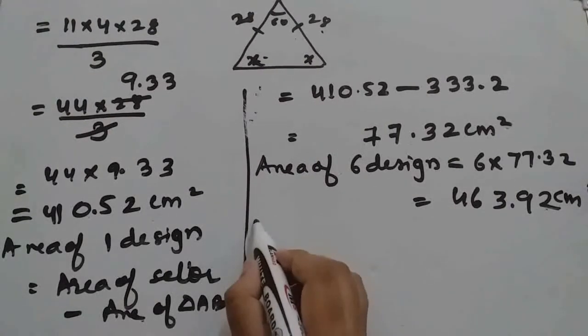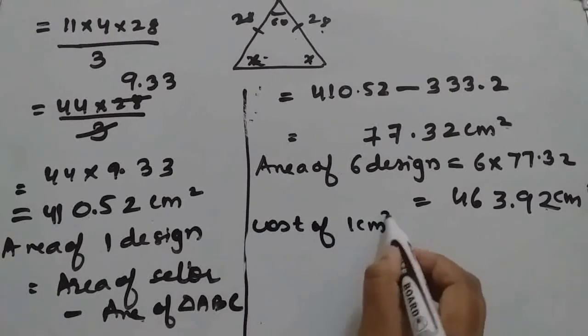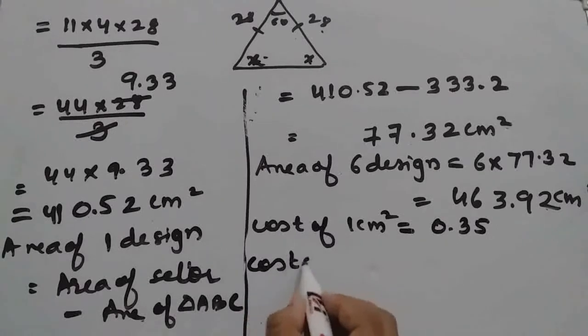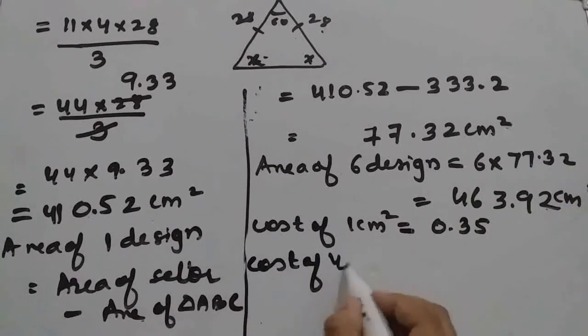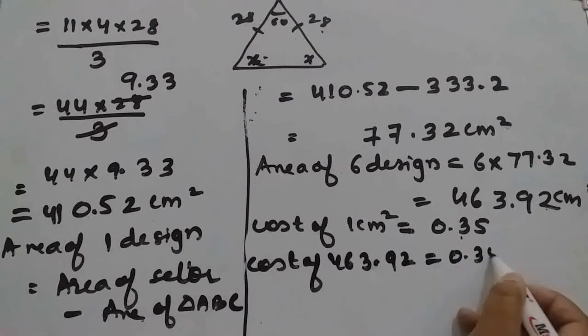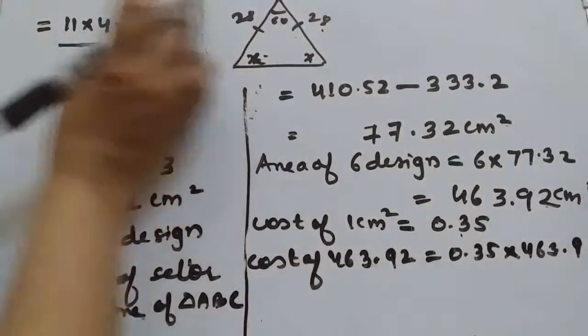Now cost is given. Cost of 1 centimeter square area is given 0.35. So cost of this much area will be this 0.35 into 463.92. Okay, so we will multiply this.